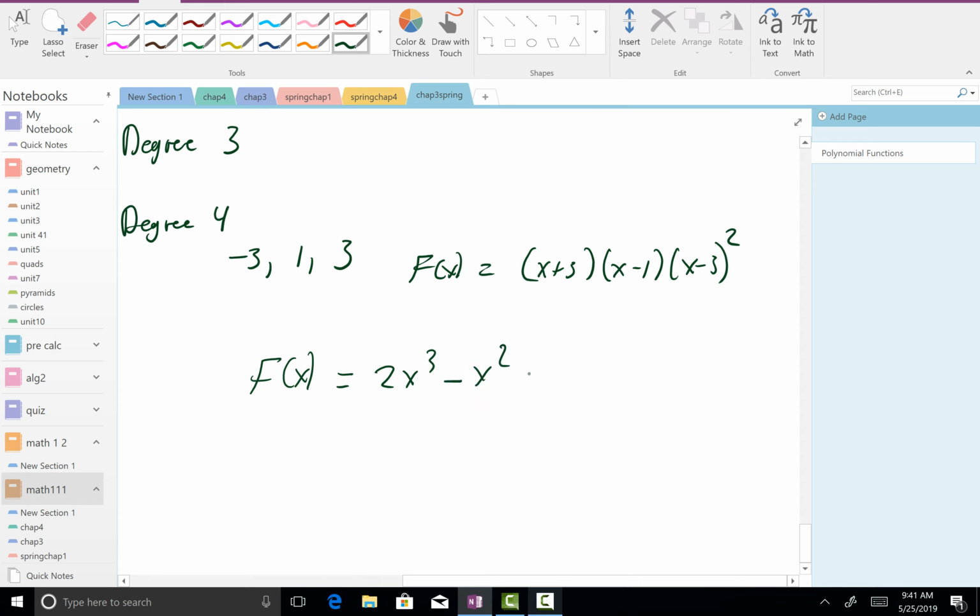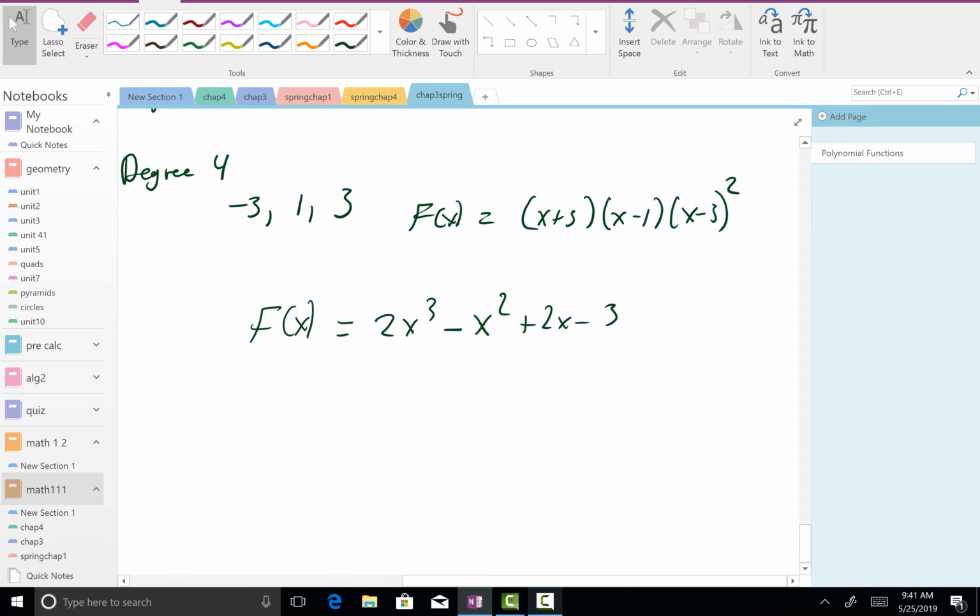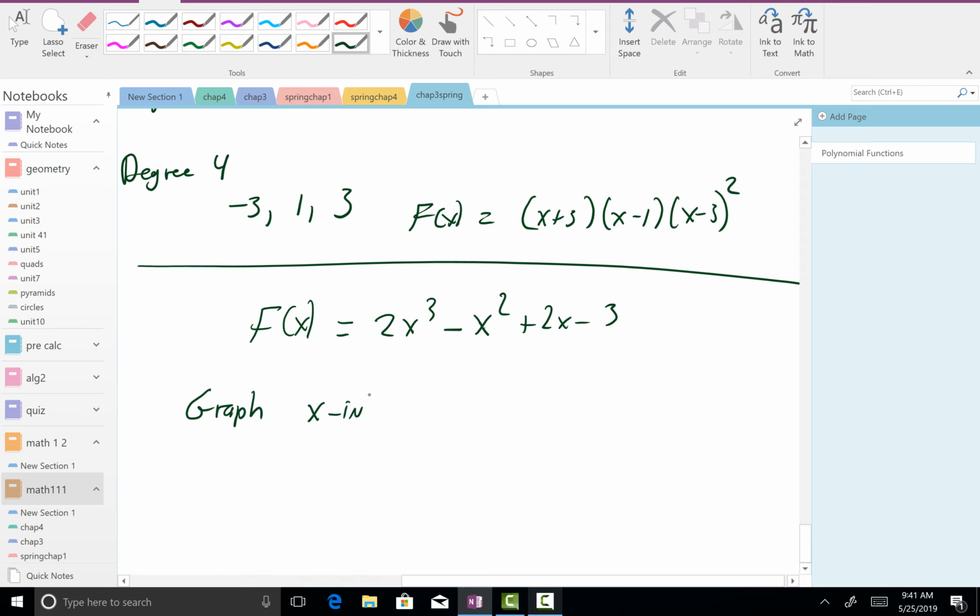Let's find some x-intercepts, which are also zeros, which are also roots. Go ahead and put that in Desmos, graph it, and let me know what you come up with for x-intercept.